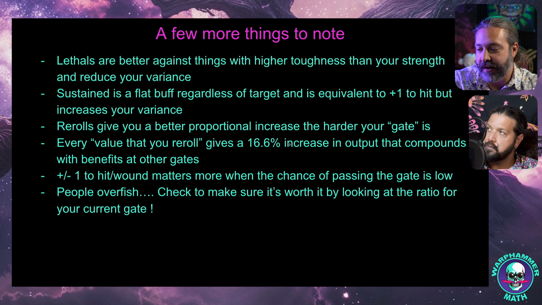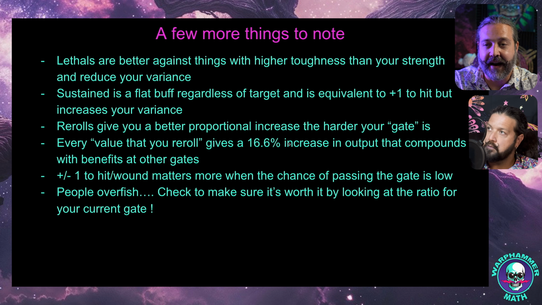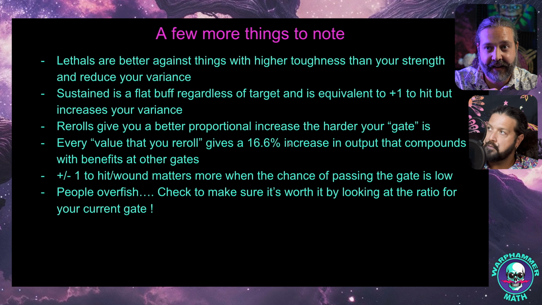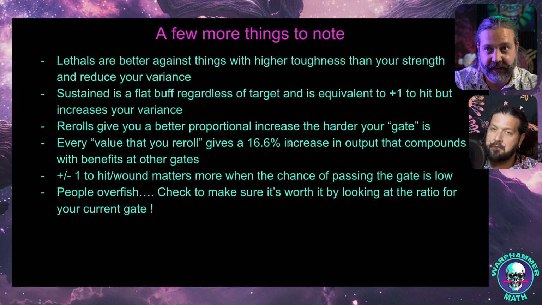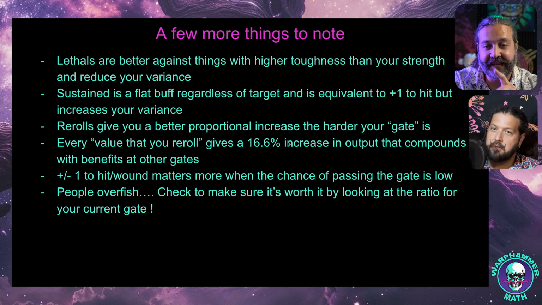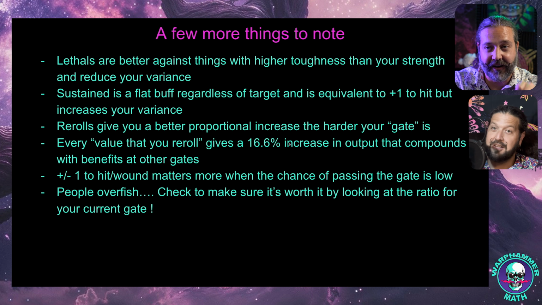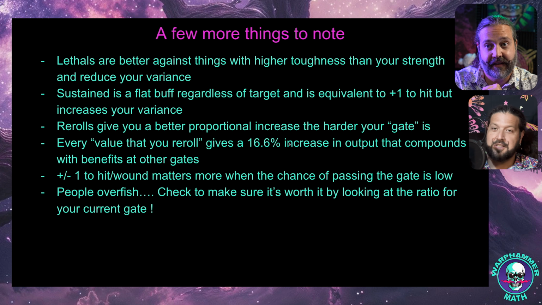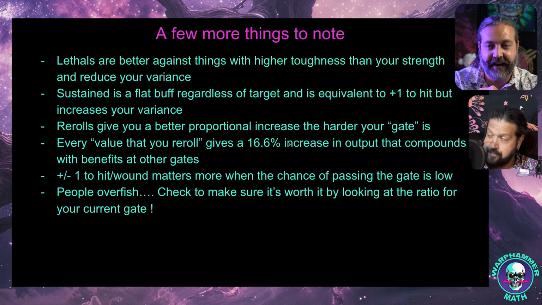Every value that you roll gives you a 16.6% increase in output, and that compounds between gates. So if you get to reroll 1s to hit and reroll 1s to wound, that's actually a 16% increase and then another 16% increase. So it's not just a flat 32, because that second 16% effectively applies to 116%. Exactly.